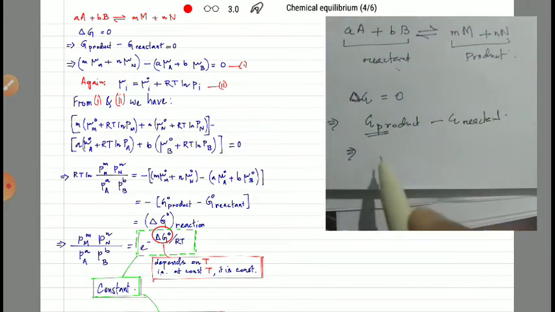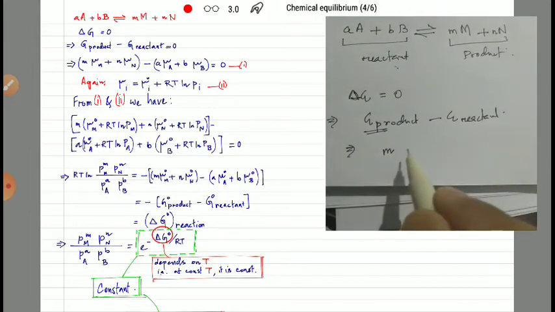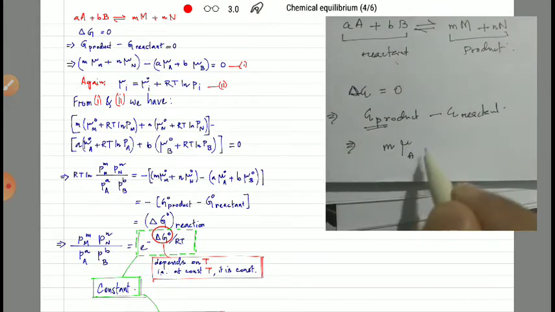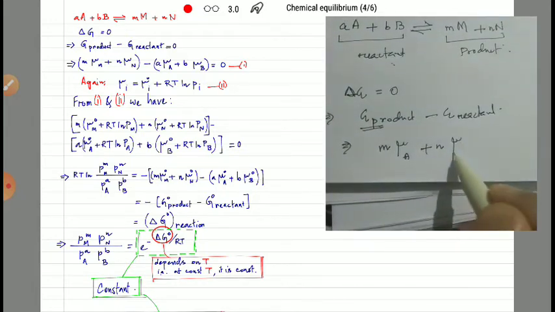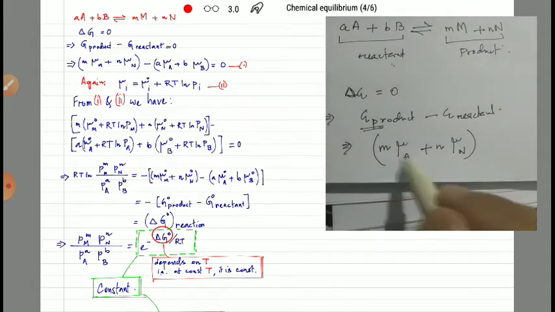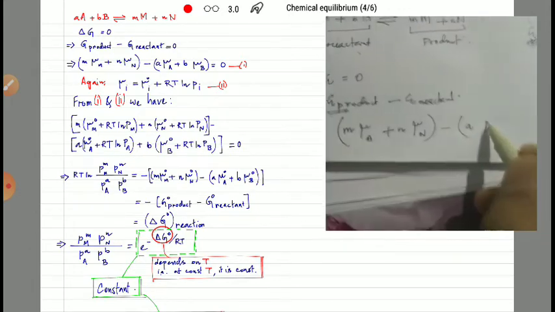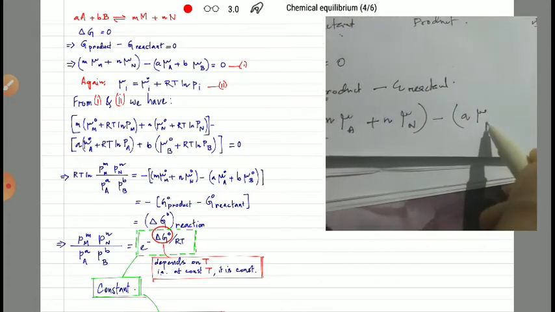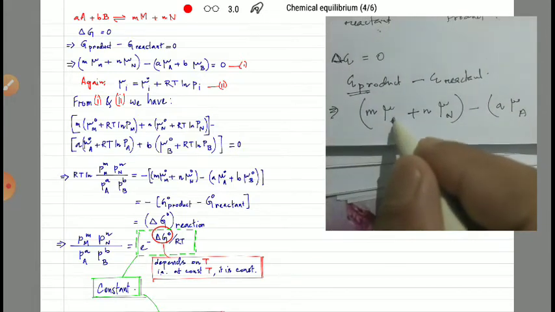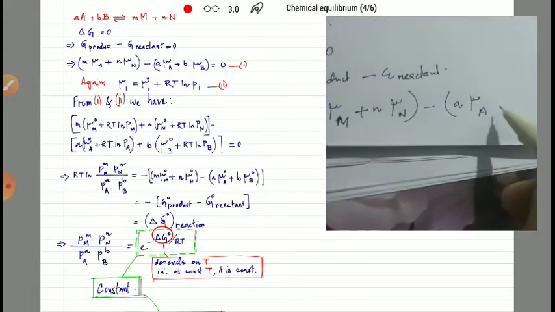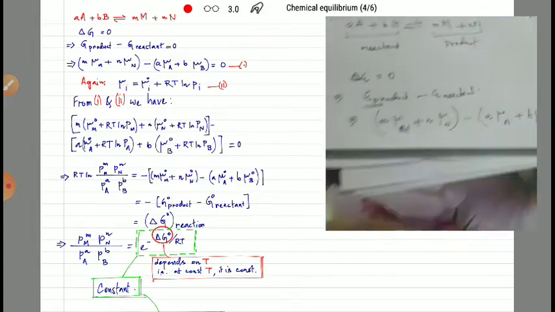For the first one we can write m mu M plus, for the second product, n mu N. Okay, so this is for product, minus the reactant a mu A plus b mu B. So we have this one, no?